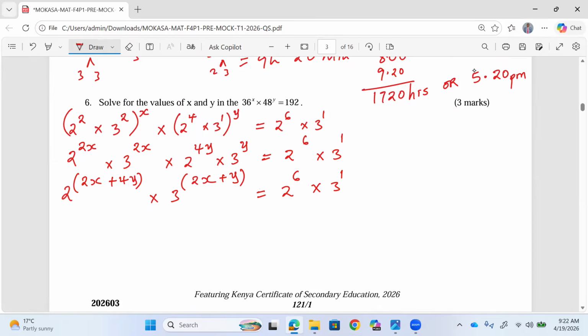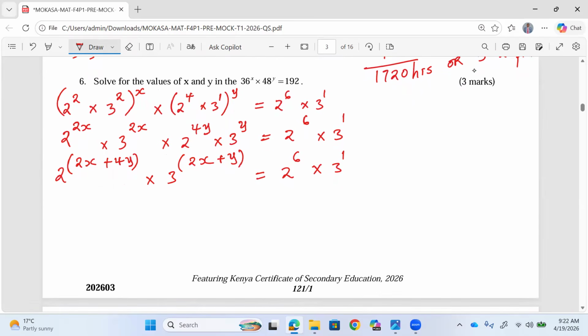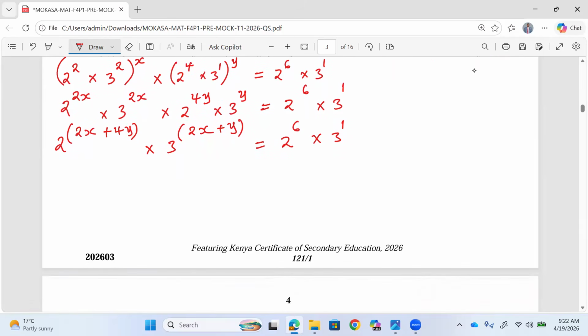Therefore, at that point, the common factors can have their powers equated. So from the left, the powers of 2 are 2x plus 4y equals 6, get equation 1.